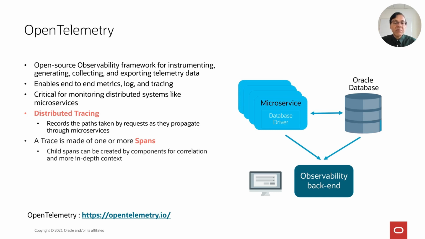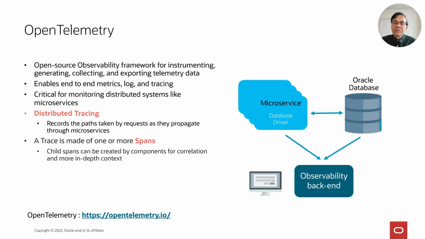Distributed tracing records the paths taken by requests as they propagate through various microservices. And the trace is made of one or more spans, and each component can create child spans to provide more in-depth context to the business request. So let us suppose you have an application running on a large number of microservices, and they are then also talking to Oracle database.